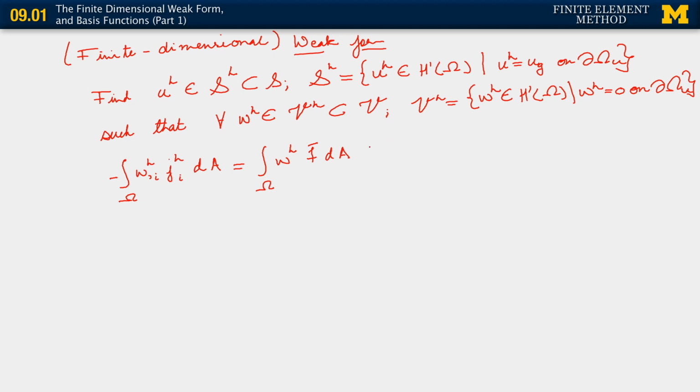Okay, so we have this plus integral over the Neumann boundary w^h J sub n d. Okay, now we need to be a little careful here. In 2 dimensions, the boundary is a curve. So the boundary integral here I'm going to write as ds, where for us s is now a curve.